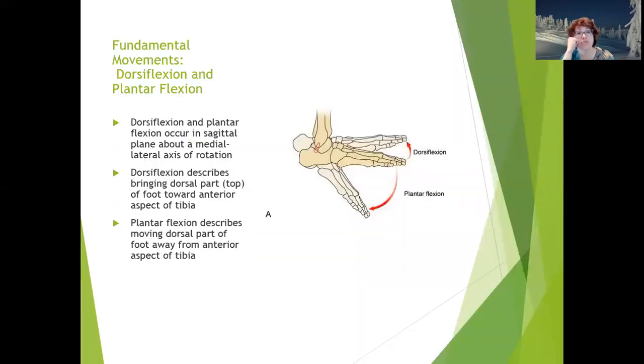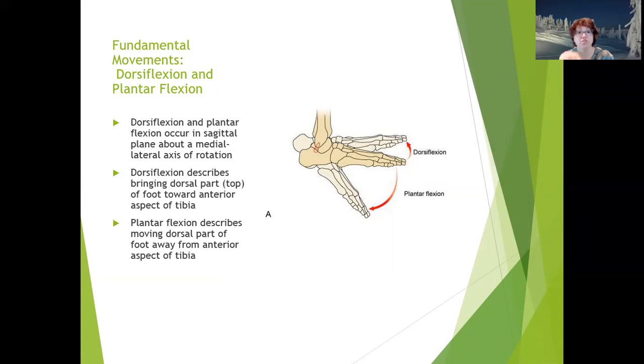So flexion and extension in the ankle are called dorsiflexion and plantar flexion. So the ankle is the only place where those particular terms are used. Dorsiflexion and plantar flexion occur in the sagittal plane about a medial lateral axis of rotation, just like flexion and extension in other joints.